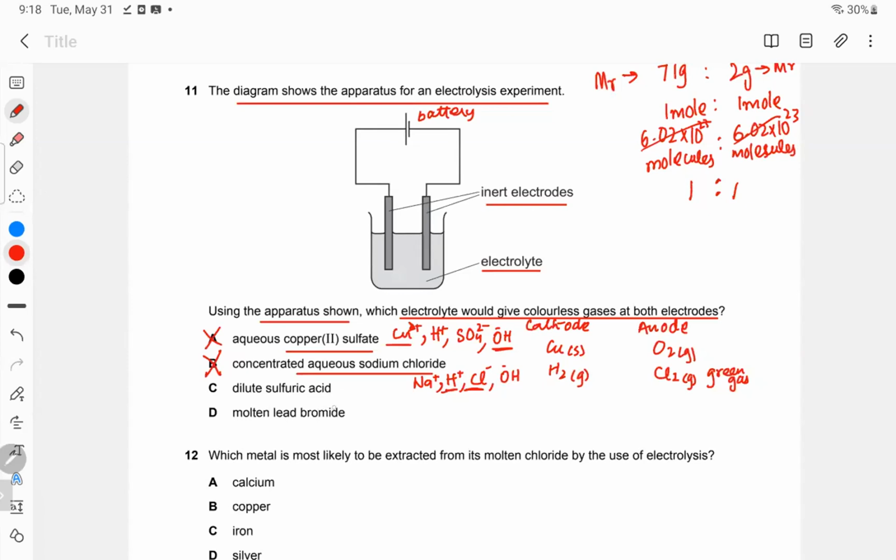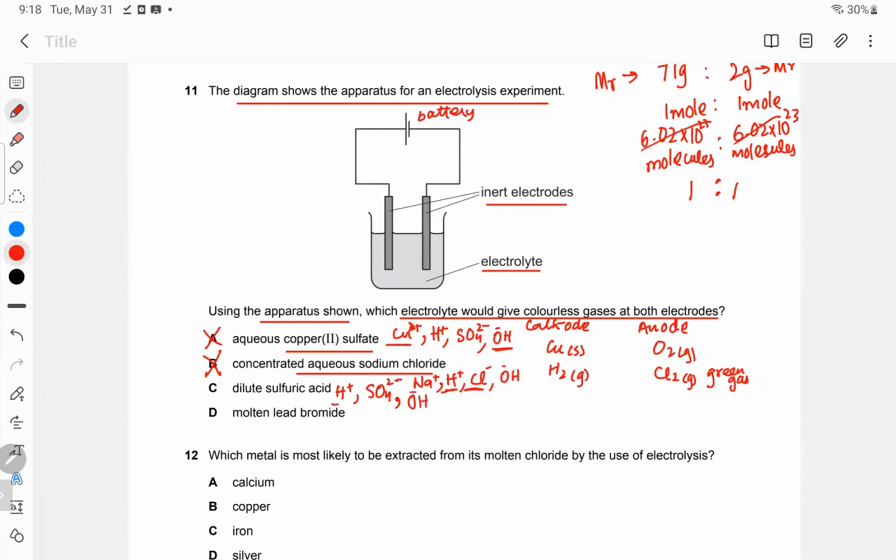Now, if I talk about dilute sulfuric acid, I have a hydrogen ion. Sulfuric acid has a hydrogen ion as a positive ion, and as it's dilute, which means it's aqueous, water also has a hydrogen ion. Besides this hydrogen ion, we have sulfate ions, and we know sulfate ions do not undergo oxidation at the anode, and we have a hydroxide ion.